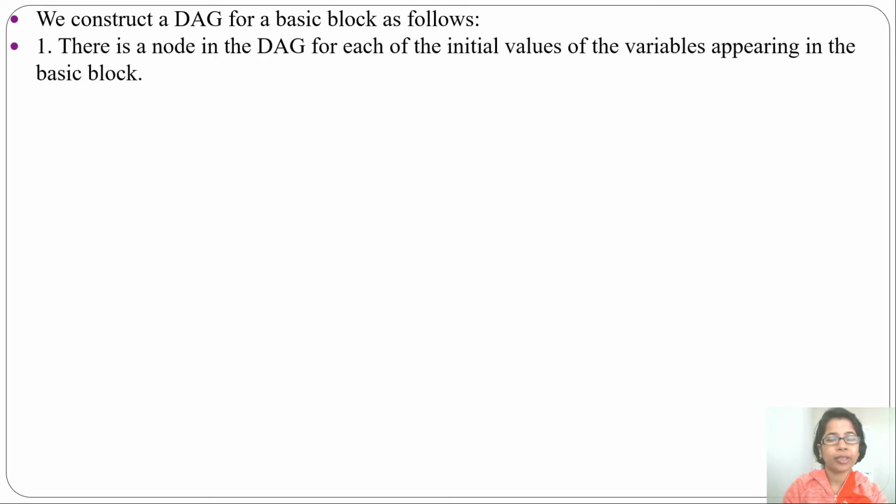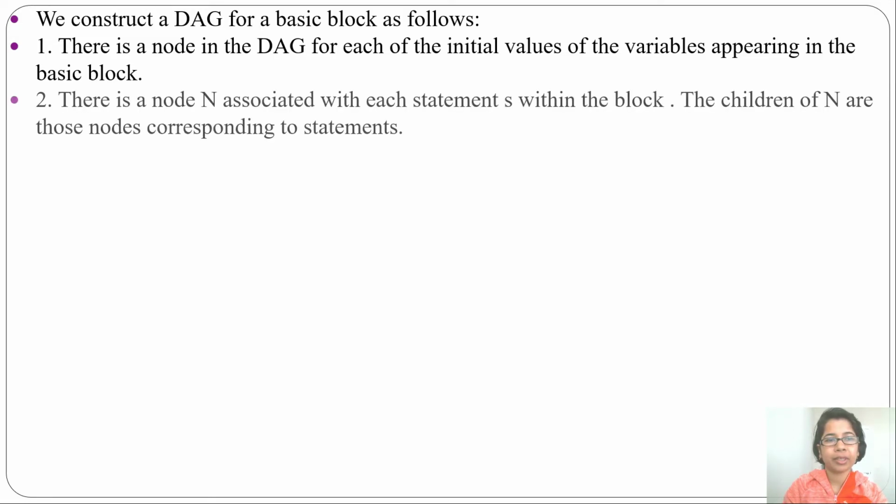There is a node in a DAG for each of the initial values of the variables appearing in the basic block. Second, there is a node n associated with each statement s within a block, and the children of n are those nodes corresponding to the statement. This is the interior node. Let there be a statement x = a + b.